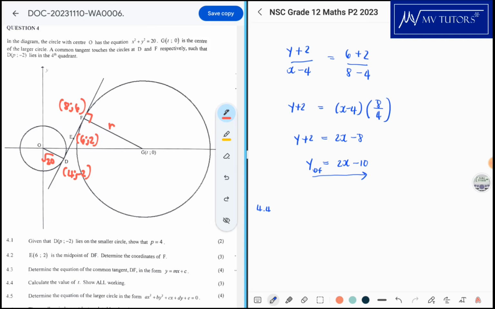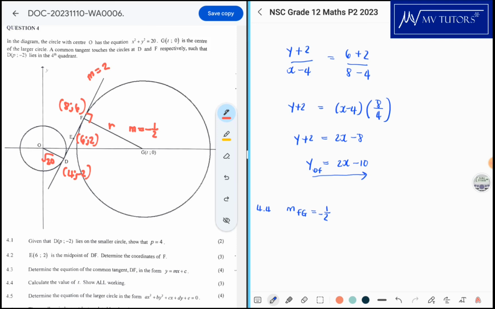With the equation of DF, we know that the gradient here is 2, meaning what will be the gradient of FG? Gradient of FG will be negative a half, because if we take negative a half and multiply it by 2, we should be getting negative 1, because gradients that are perpendicular, the product is equal to negative 1. All right, so we have our gradient for FG.